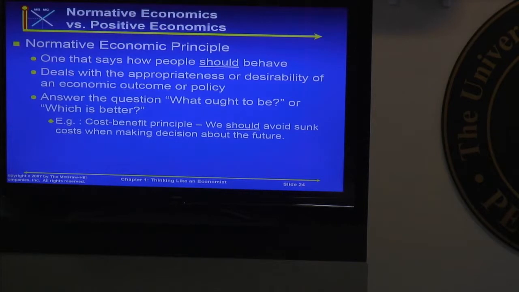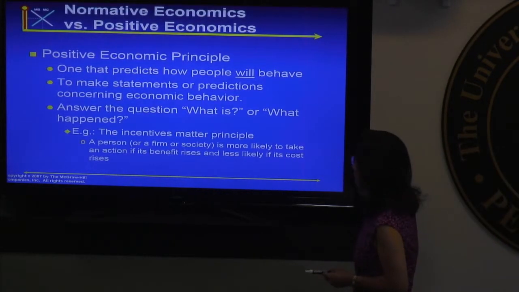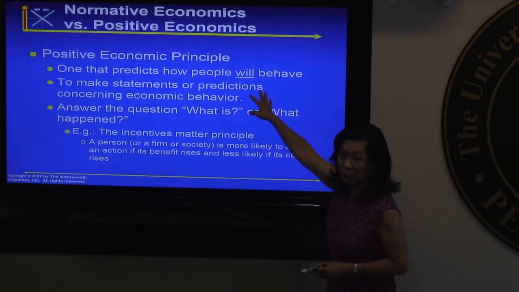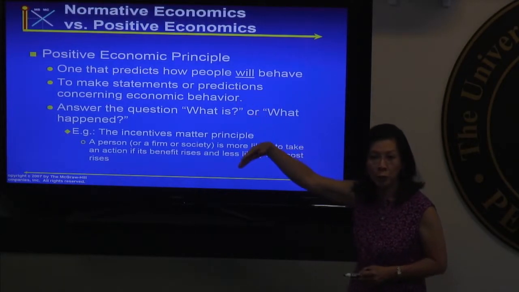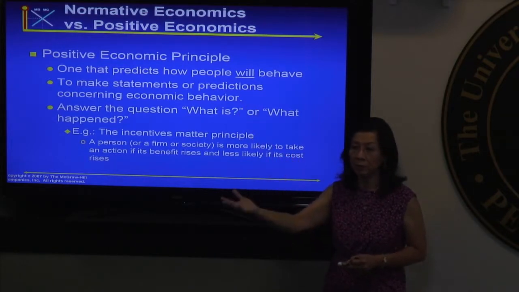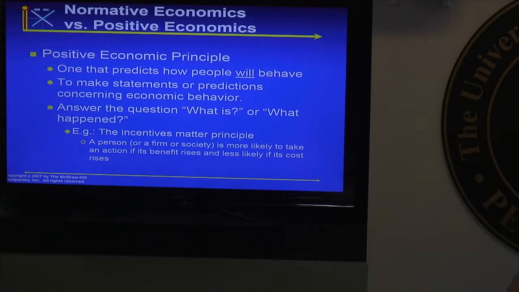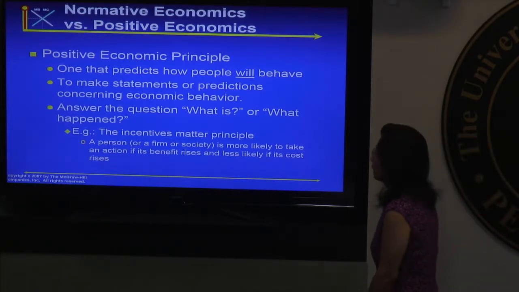Okay. Next, positive economic principle, the one on the right-hand side. It predicts how people will behave instead of should behave. You know exactly what will happen. Like the example I just gave. If you increase the tax rate by 0.125%, then next year we'll increase the revenue by such and such an amount.